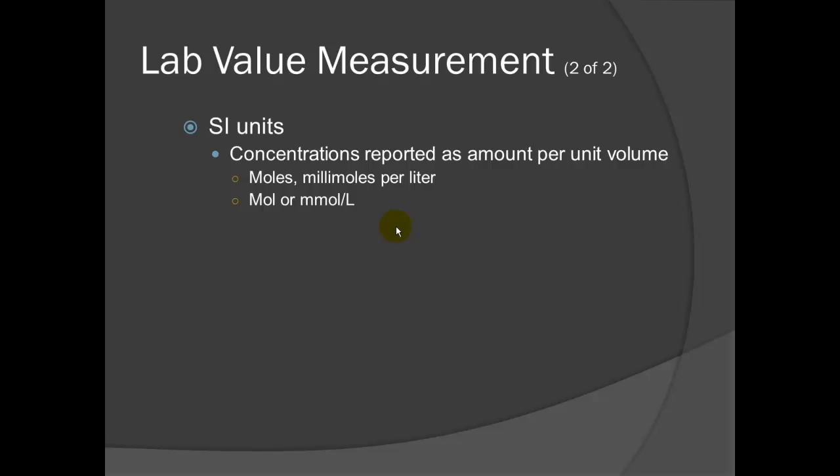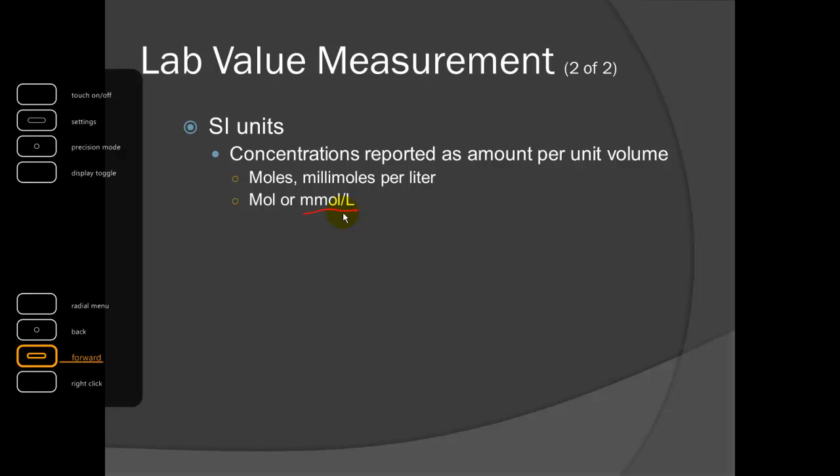Concentration is reported as an amount per unit volume. An example of this is moles or millimoles per liter. Here is how it would be written. In another example, blood glucose is done in milligrams per deciliter. Again, off of the metric system and done per a unit of volume.